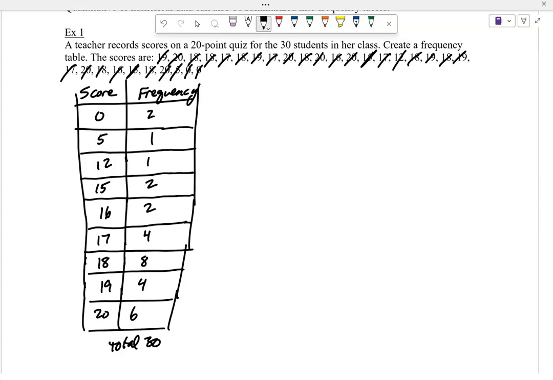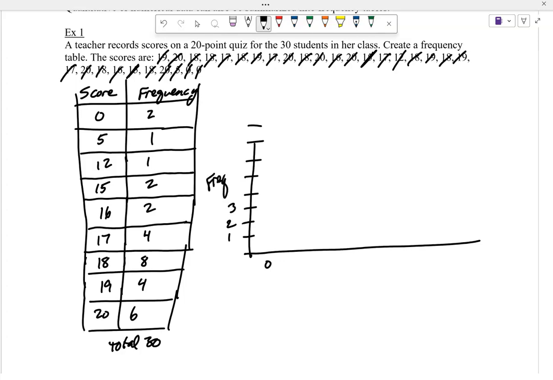Now you might be thinking, could you create a bar chart of this? Well, it's kind of awkward. This is the frequency. 0 has 2, 5, the next to 5, we had 1, so on.